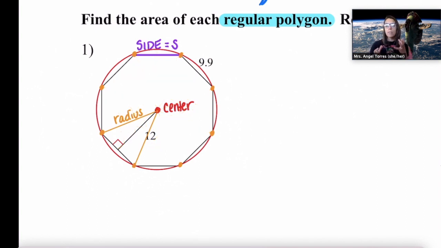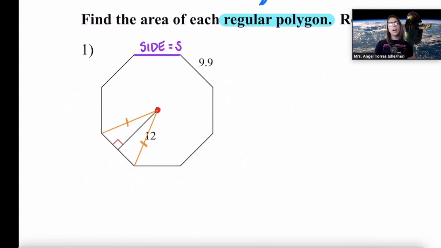Now that we have a better understanding of this octagon, I'm going to get rid of the circle and just look at this one triangle that I've created. To find the area of this whole octagon, I need to start by finding the area of this triangle.